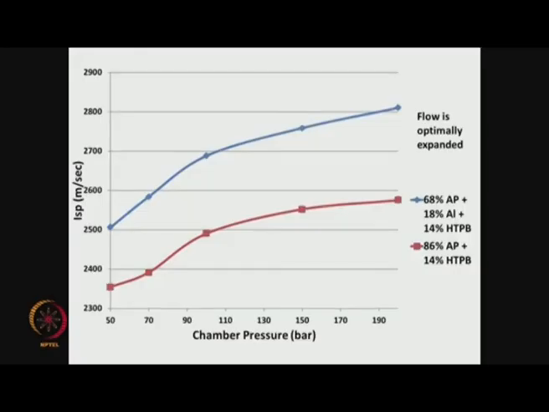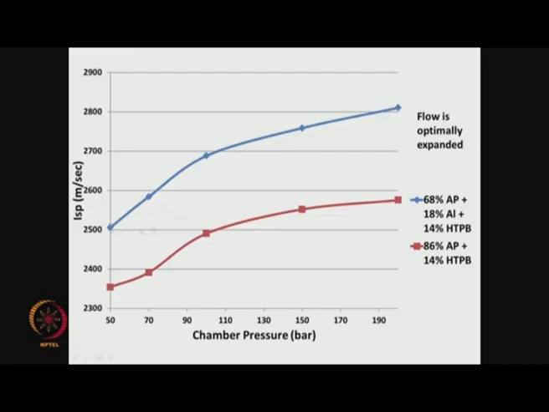Okay. Now, solid propellants, we had just now seen how ISP varies with pressure. Here we have plotted pressure on the x axis and ISP on the y axis, and at each and every pressure the flow is optimally expanded, that is, the area ratio is so chosen that the flow is optimally expanded. The red line indicates a non-aluminized propellant and the blue line indicates an aluminized propellant.